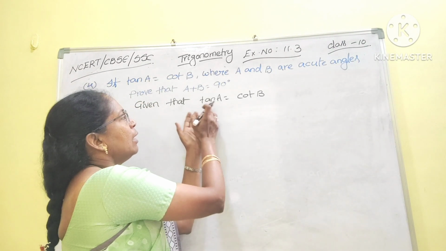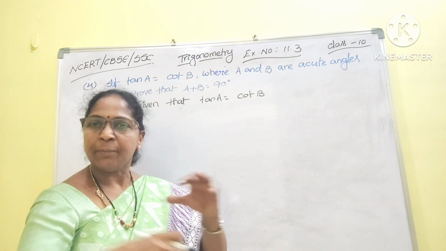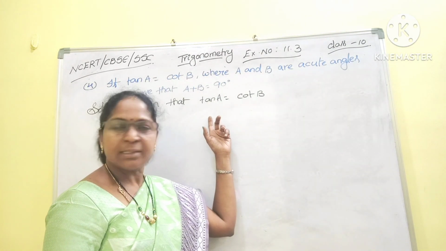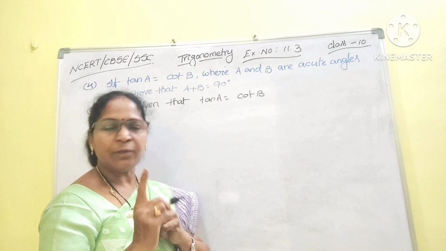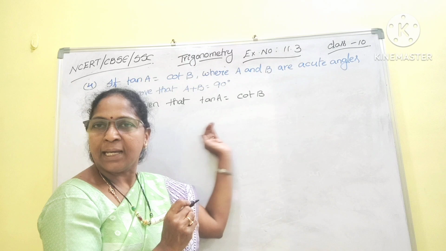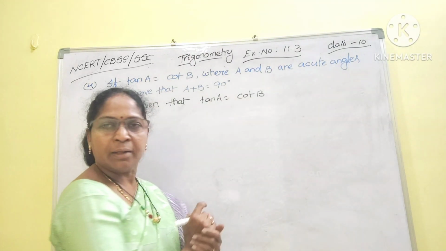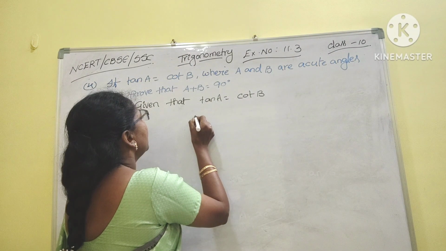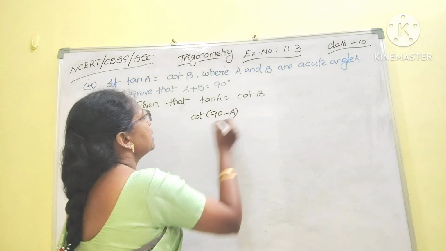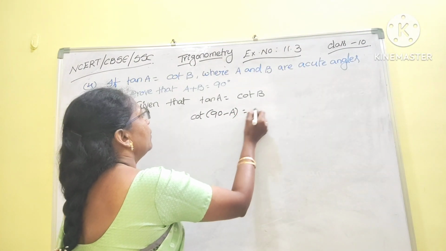Both should be in the same trigonometric ratio, only then can you solve the sum. So either the LHS or the RHS, consider any one and change it. If you want to change the LHS term into cot, then you can write tan A as cot(90 minus A), which equals cot B.